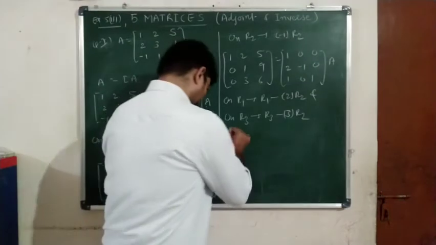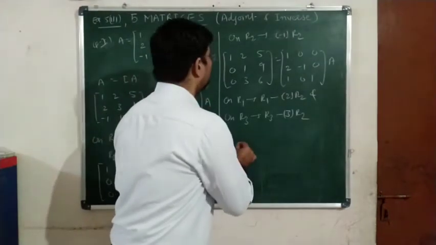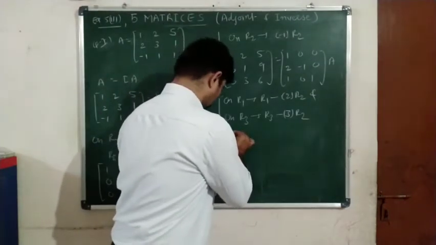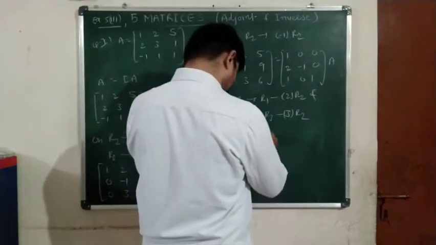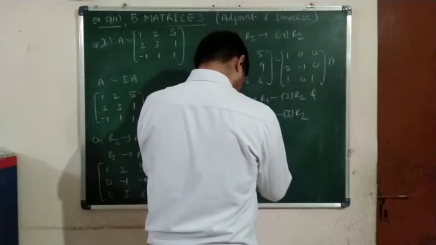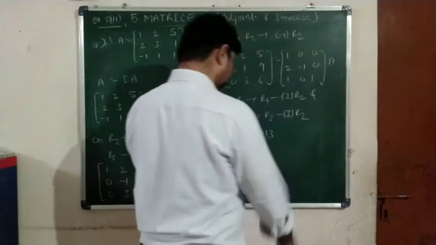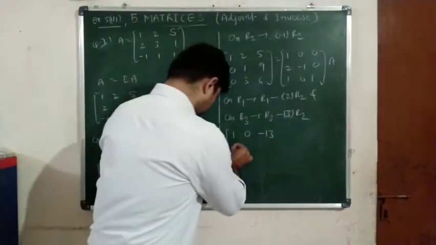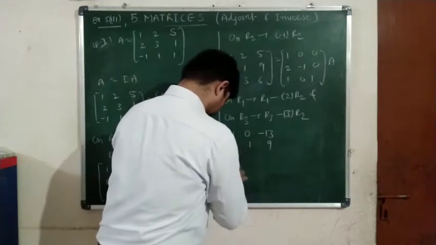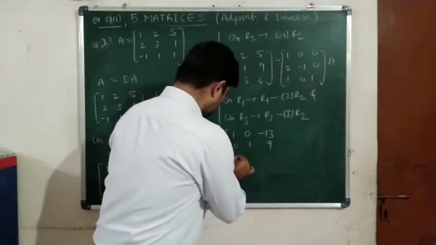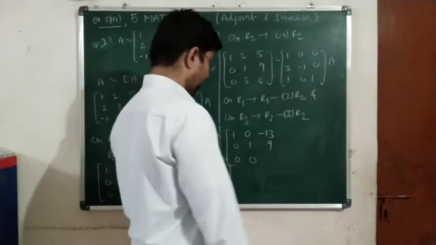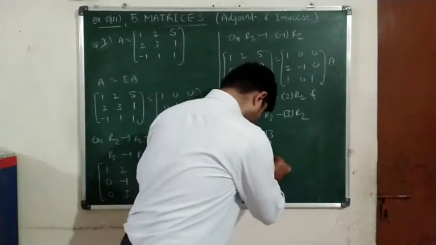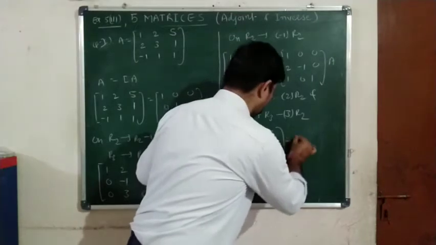Okay, so first on R1 let us make changes. 1 0 and 9 2s are 18, 5 minus 18 is minus 13. Okay, second row as it is. Here 0 0 and 27, 6 minus 27 will be minus 21.